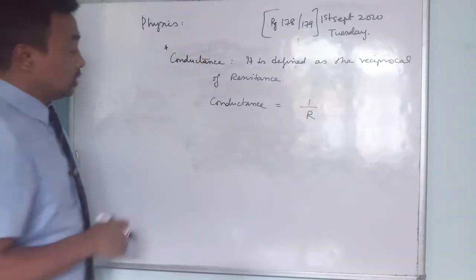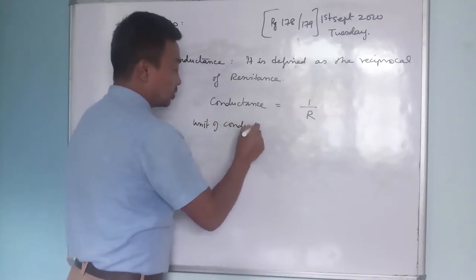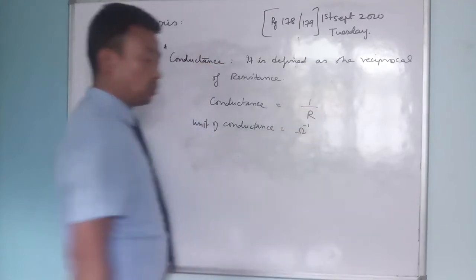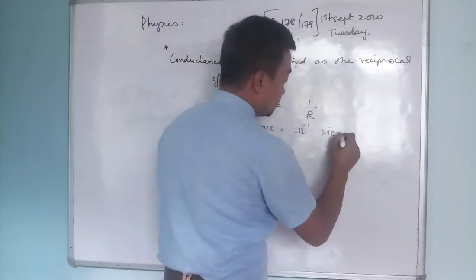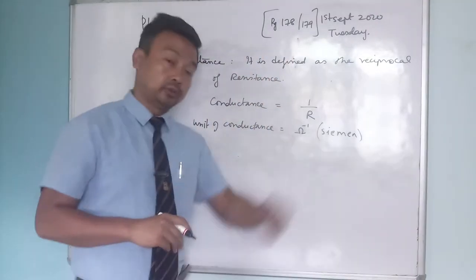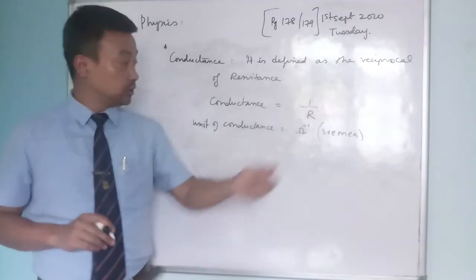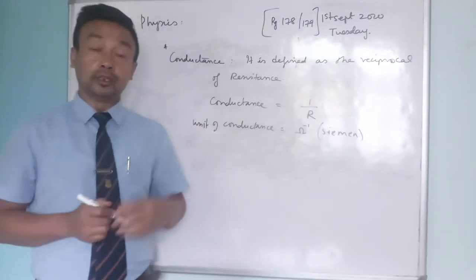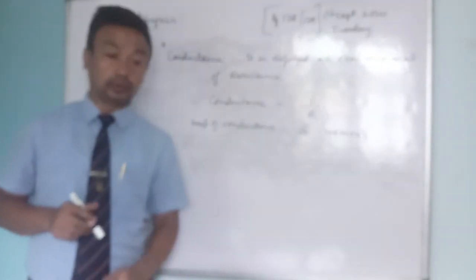All right, the unit of the conductance is 1 upon ohm, that means ohm to the power minus 1. This is also named as Siemens, or Simon, however you pronounce it. So this is the term conductance which came out of the resistance. So if the resistance is less in a conductor or a wire, then that conductor or wire will have a high conductance because it is inversely related.